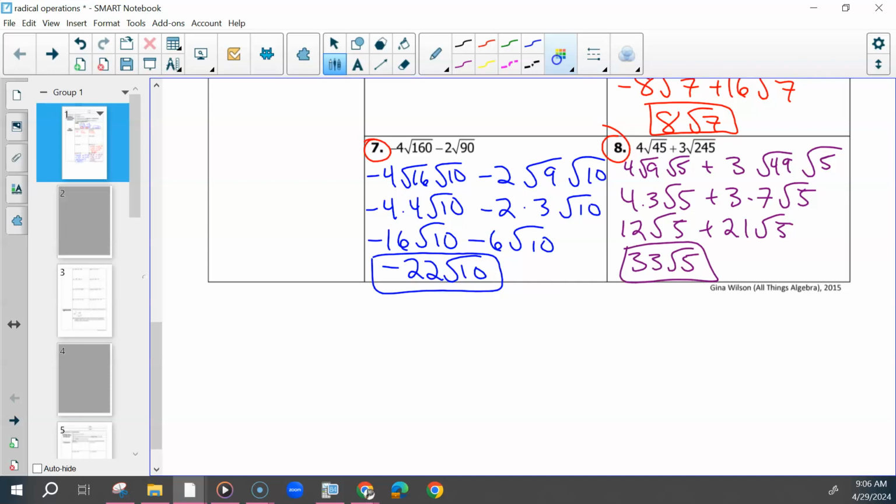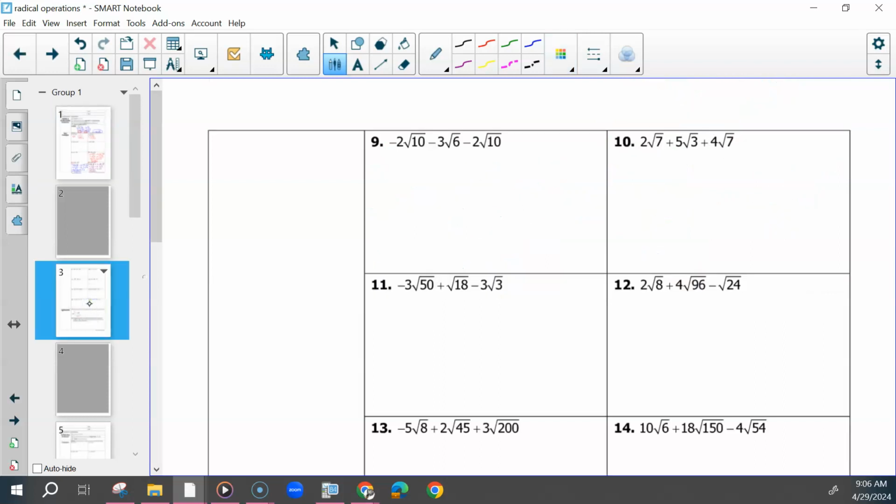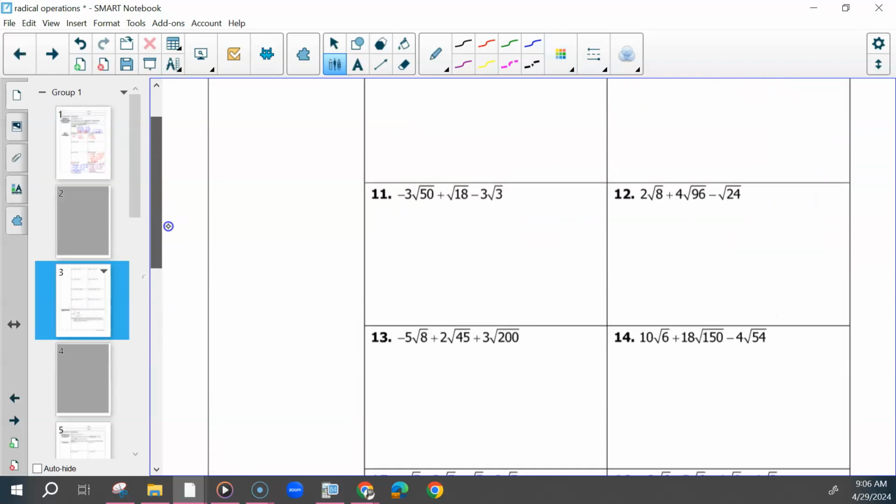Okay. All of these can be checked in decimals in your calculator too, so if you ever get something where you're adding and subtracting, double check it. Make sure your decimals match. Go on to the next page. Nine through 16 are similar.